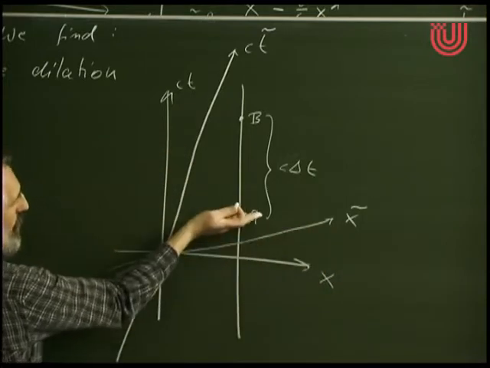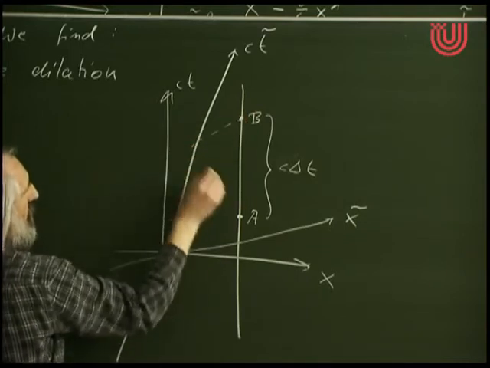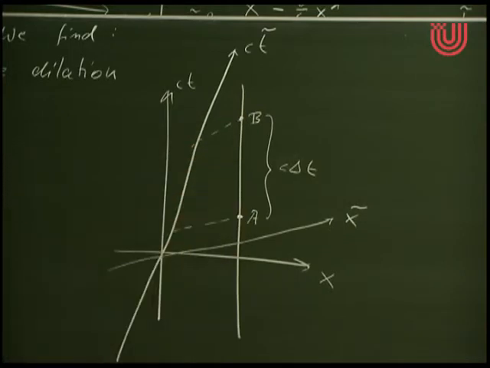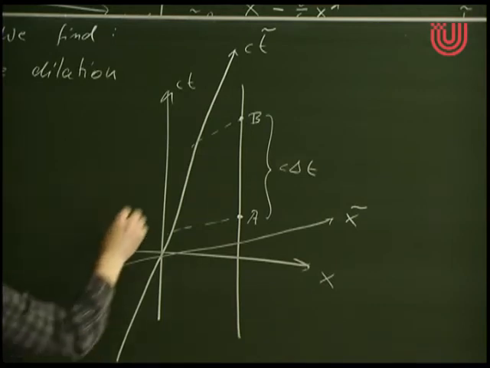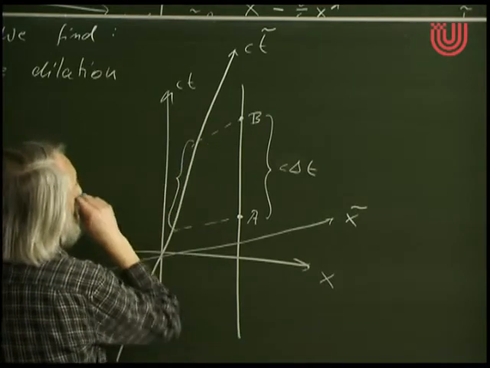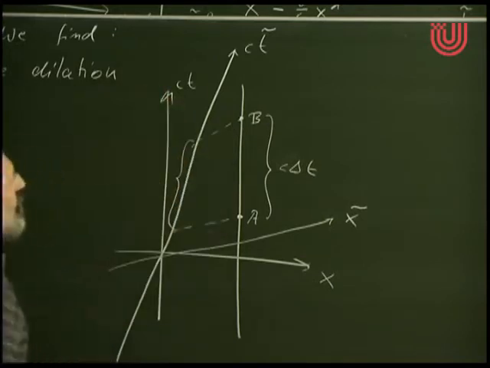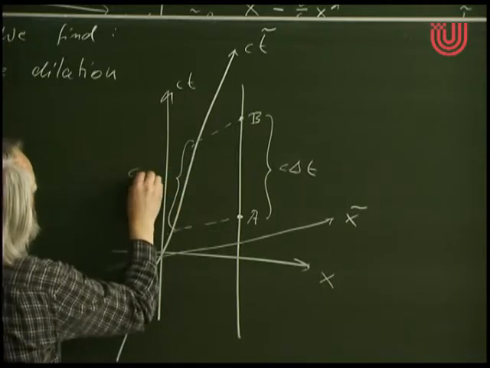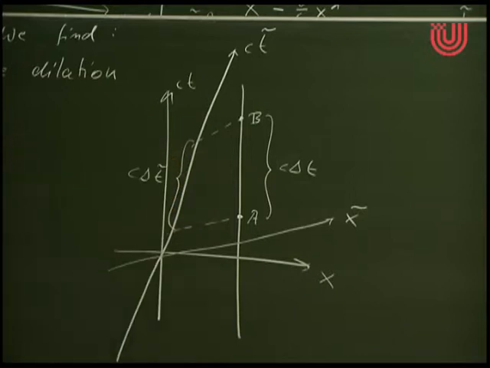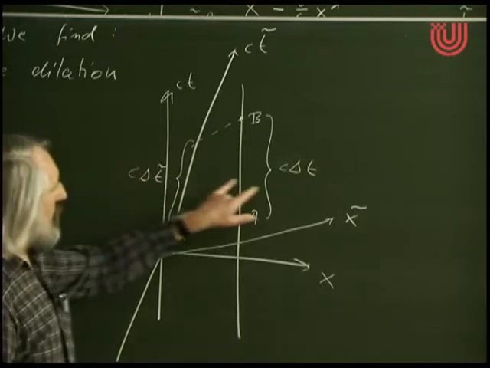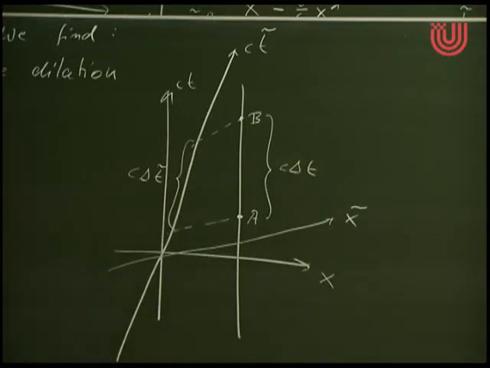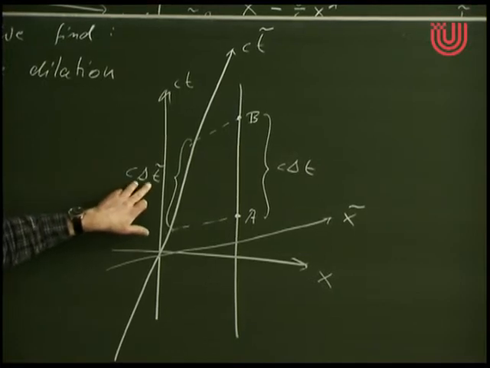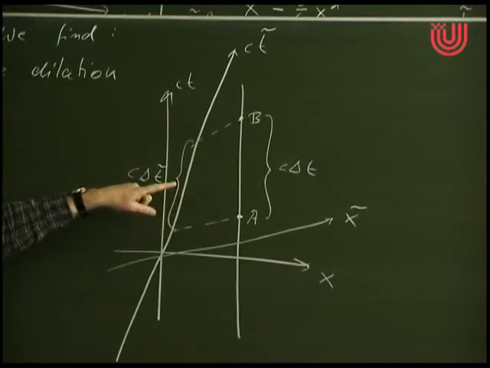And I project now parallel to this spatial axis, and then this time difference, read from the t tilde coordinate which goes along this axis, is my c times delta t tilde. I want to know how these two things are related. As this is called time dilation, obviously we expect that delta t tilde will be longer than delta t.